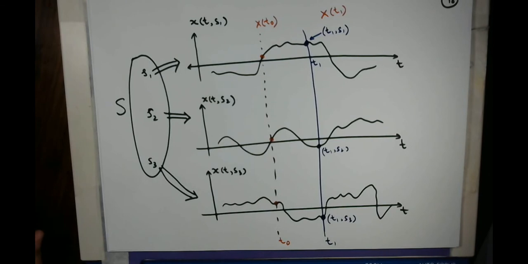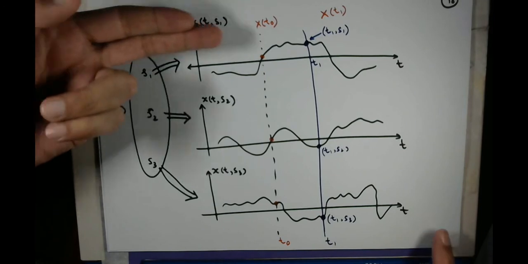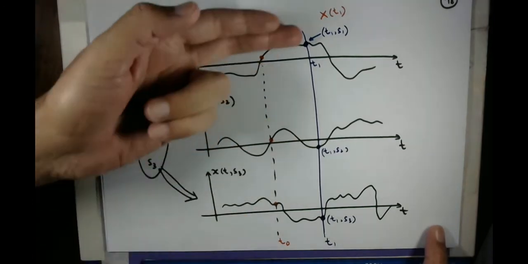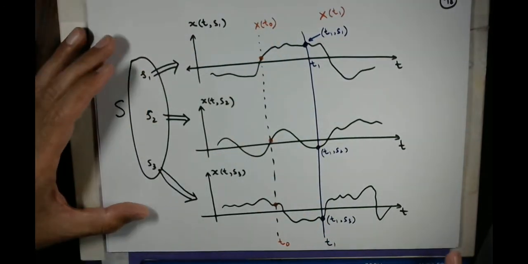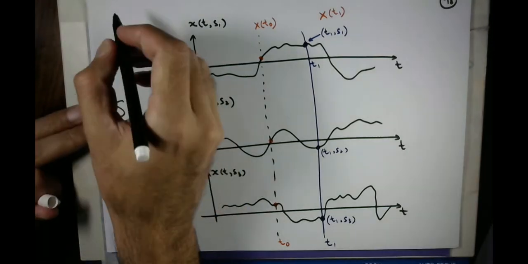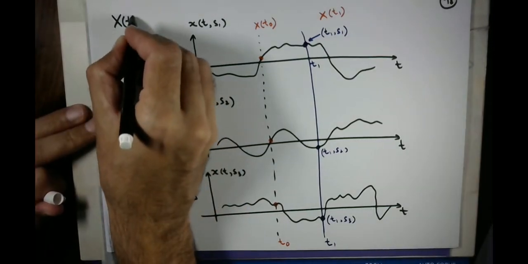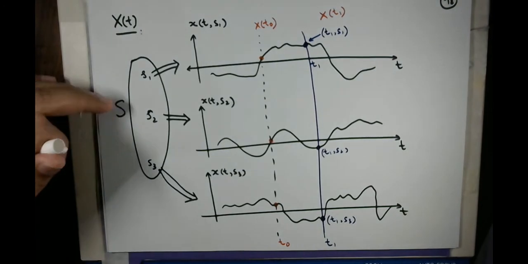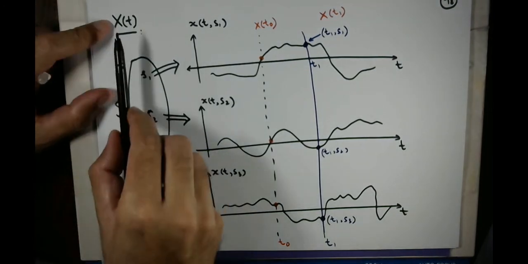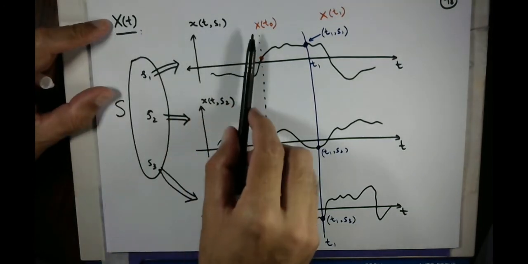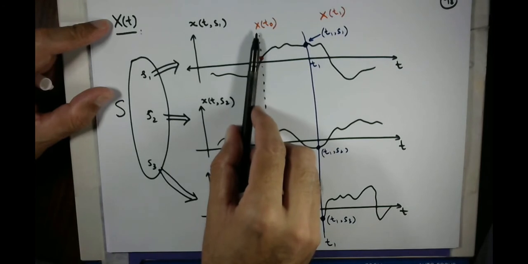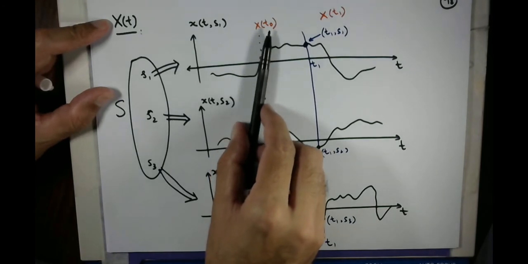to the concept of averages in a stochastic process. Hopefully you now understand what we mean by an ensemble, what we mean by a sample function, and what we mean by a random variable obtained from the process x of t. The process is x of t. This is a random variable capital X of t naught.